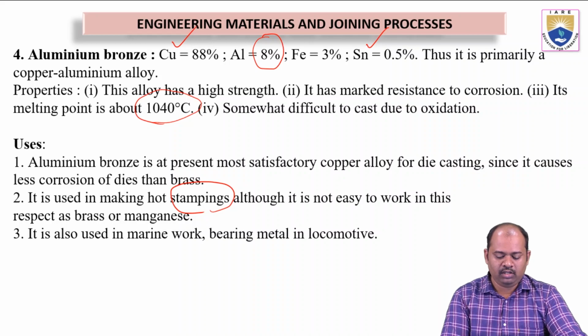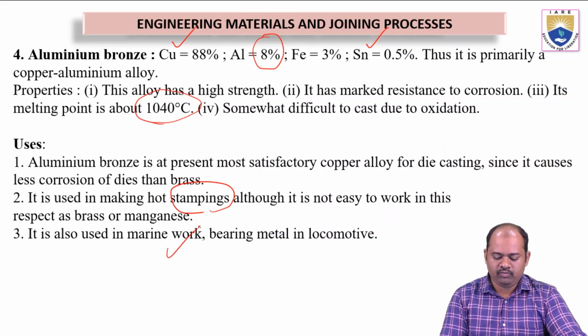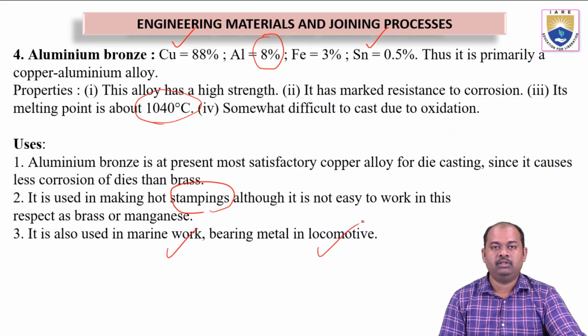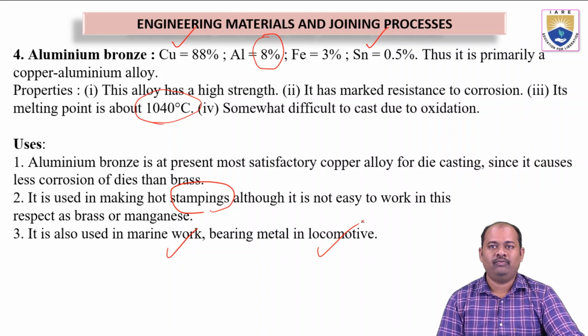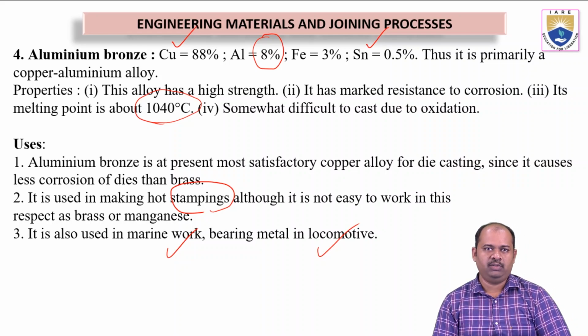It is also used in marine work and bearing metals in locomotives. In marine works and locomotives, aluminum bronze is widely used because it has many applications compared to regular bronze, since it is corrosion resistant and can be converted into multiple shapes.